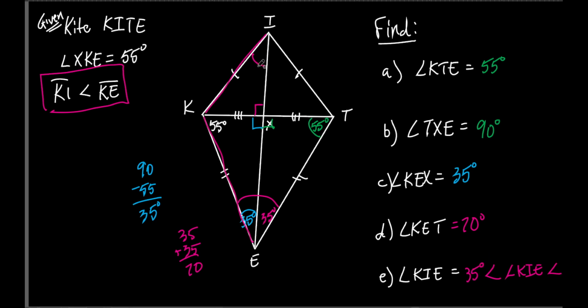I understand why it has to be less than 90 degrees, don't you? Because both of these angles right here have to be less than 90, because on a right triangle, 90 is always the biggest angle. Agreed? So this has to be less than that. This also has to be less than 90.